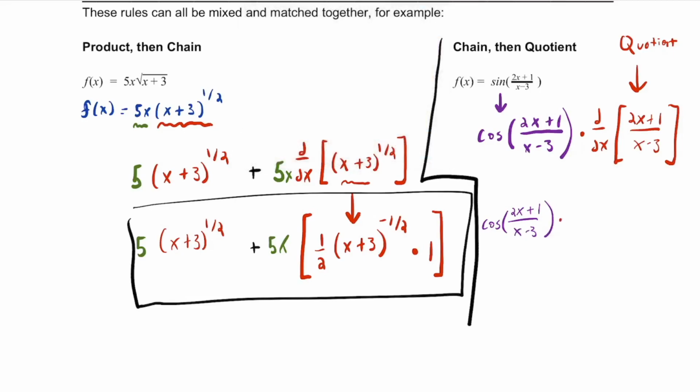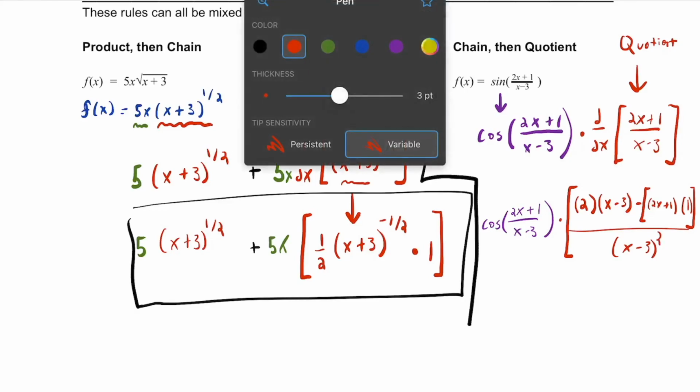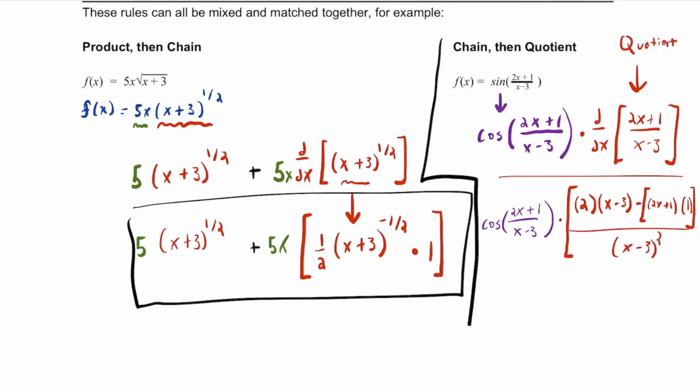And this is all going to be multiplied by f prime g, so 2 times x minus 3, minus, and I like to put this in a big parentheses or even a bracket, f, 2x plus 1, g prime, the derivative of x minus 3 is 1, all over x minus 3 squared. Now, we could probably clean this up a little bit, but I want to start getting us in the habit. If this is a free response question on the AP exam, you are done.